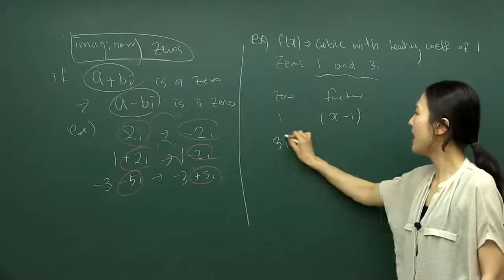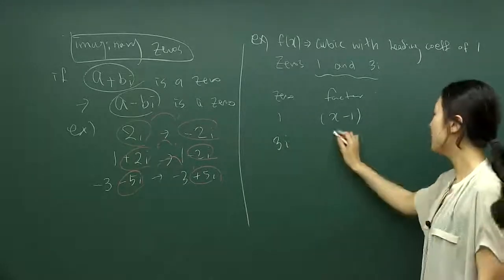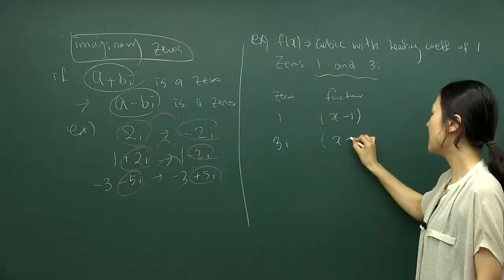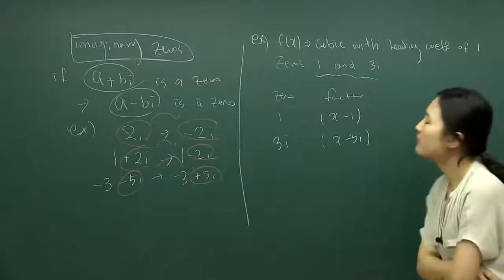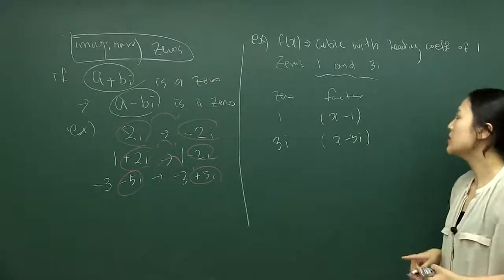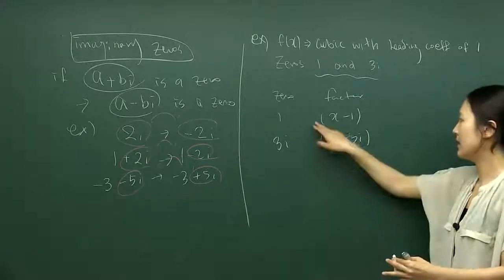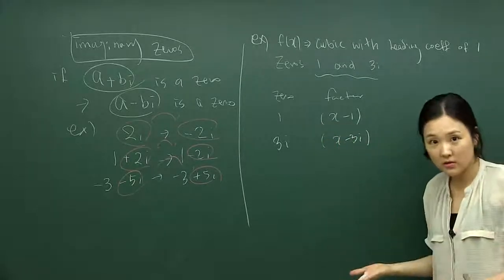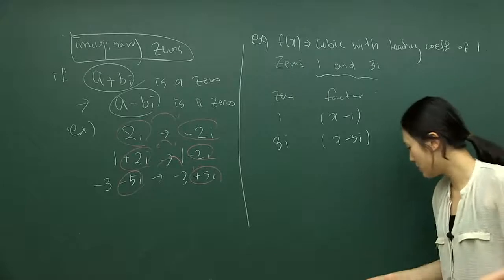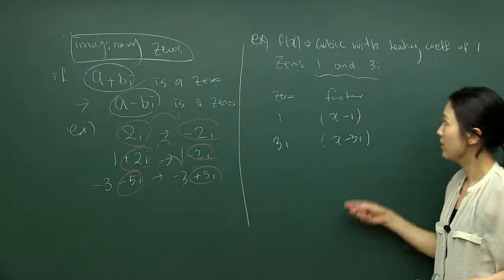If 3i is a zero, then there must be a factor x minus 3i. Now it's a cubic function, so we need three factors, and that's only 2 of them. We need 1 more. So where is the third zero? Guys, do you see the third zero? You don't see it, right?